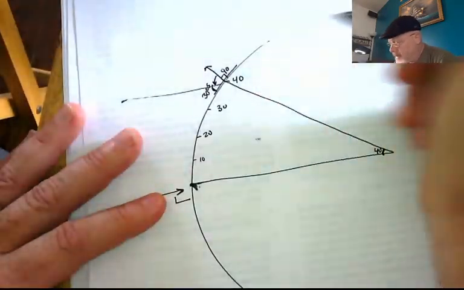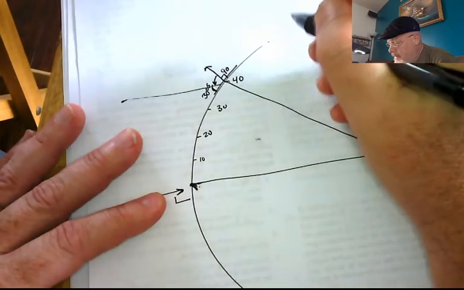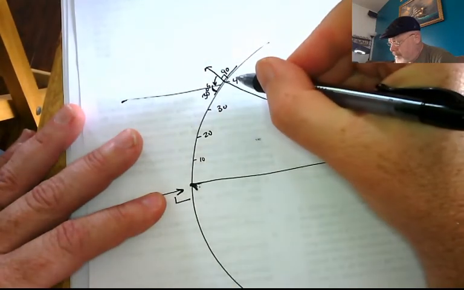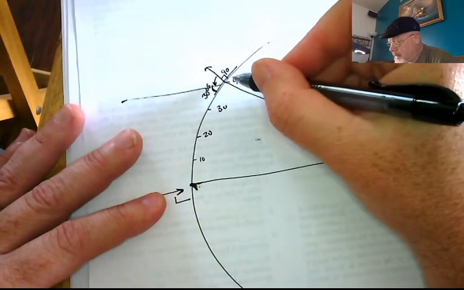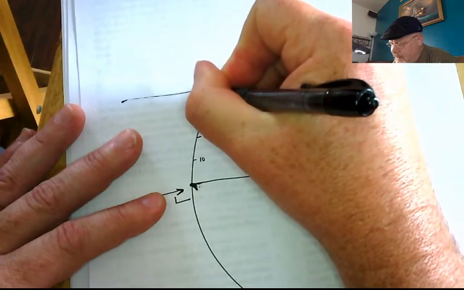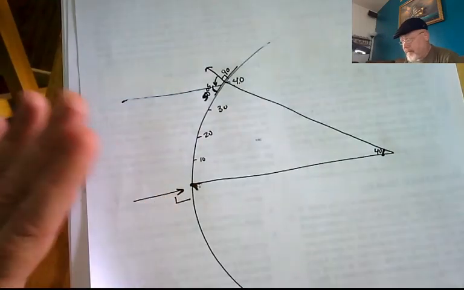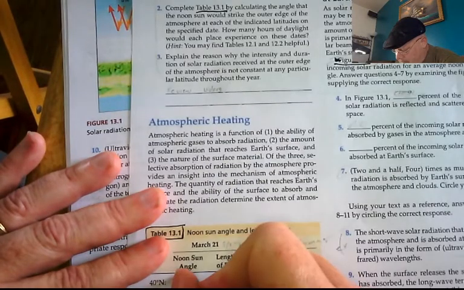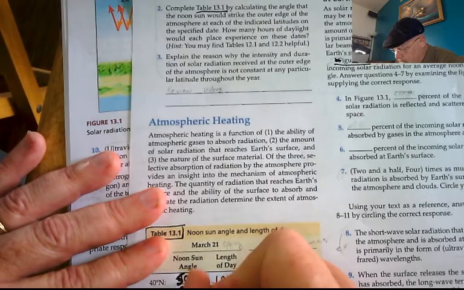It's 50 degrees, not 30 degrees. So 90 minus 40 is 50 degrees, and you're looking to the south. So you would write 50 degrees to the south.